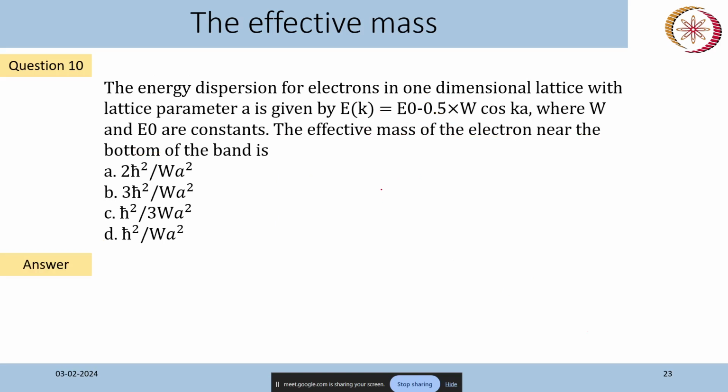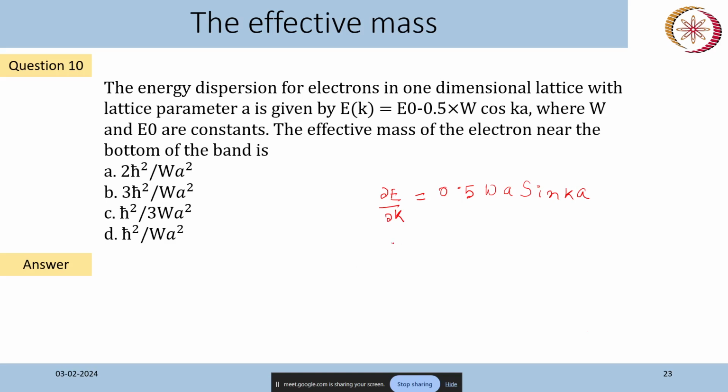For this case, dE by dk will be minus, then again it will be plus, so 0.5 W a sin Ka, right?